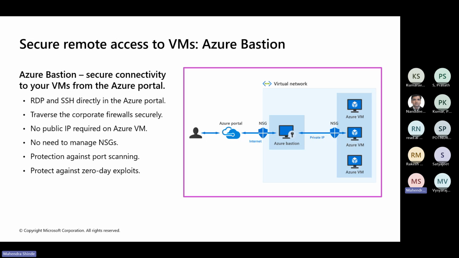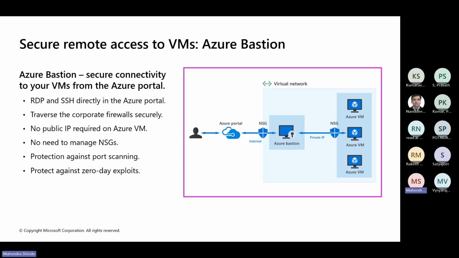Now, even this solution is not perfect. What if we use a managed service instead of creating our own jump box, a managed service which provides secure access to those resources? What was the issue with a jump box?